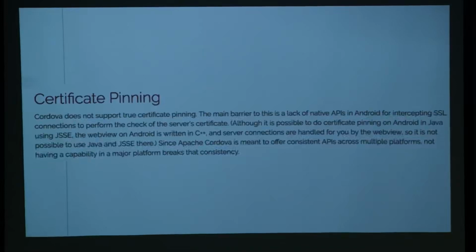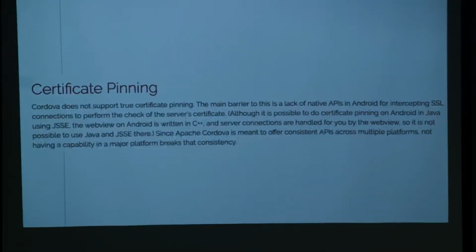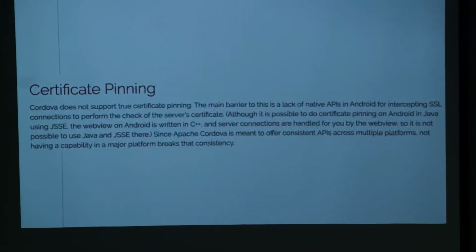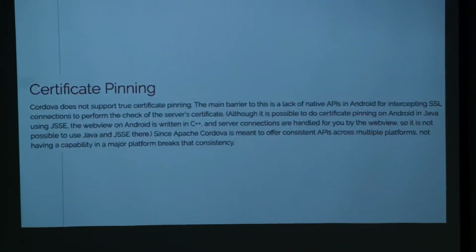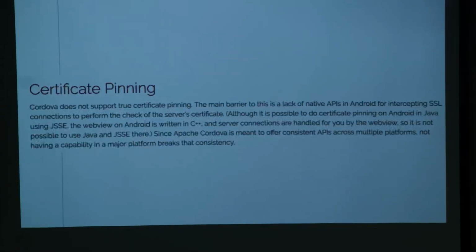Something to note with Cordova is that it does not support true certificate pinning. So if it's a medical application and they have a Cordova framework implemented, they're probably not implementing certificate pinning the right way or are trying to do it a hacky way. But again, something to note if you're trying to support true data confidentiality in transit.